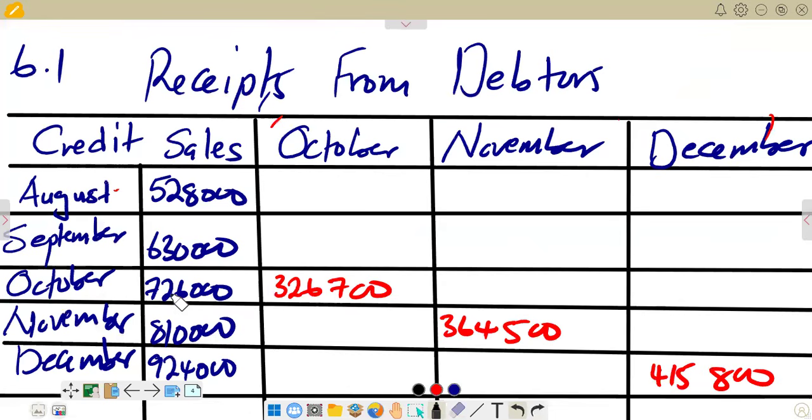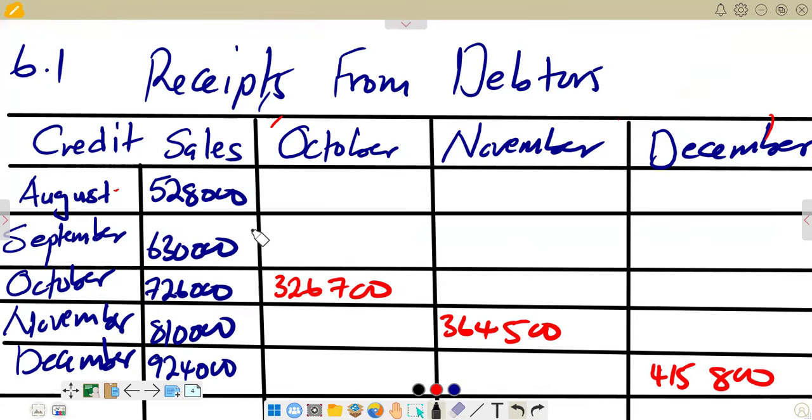We are saying 30% of the sales of September will be received in October. So 30% of 630,000, say 0.3 times 630,000. The answer we get there is 189,000.